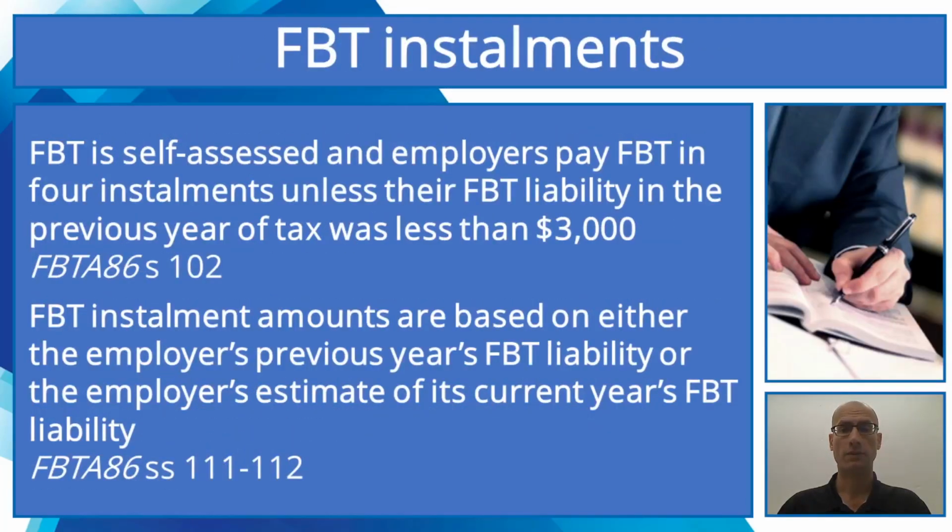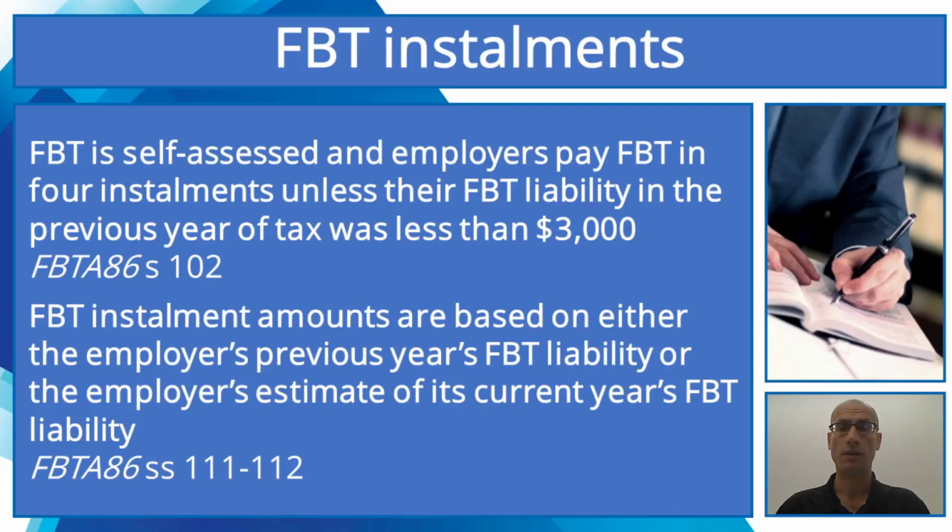Much like income tax, fringe benefit tax relies on self-assessment. So taxpayers will do their own assessments, and by default, when they submit those assessments, those are what the Commissioner is going to deem to be their actual notice of assessment.